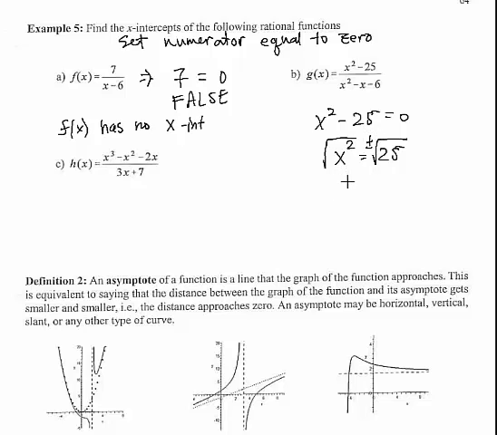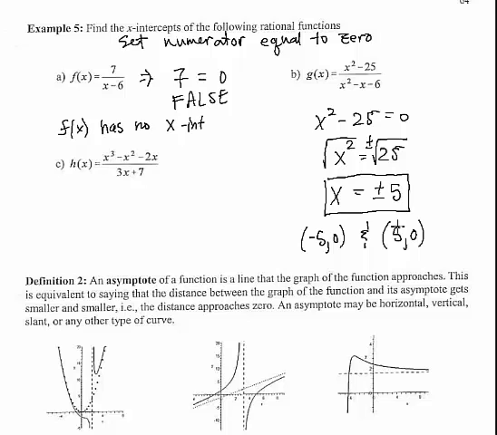Remember to put your plus or minus in front of the radical. And so now we can write x equals plus or minus the square root of 25, which is 5. So here are our x-intercepts. If we wanted to write those as coordinates, we would say negative 5, 0, and 5, 0.